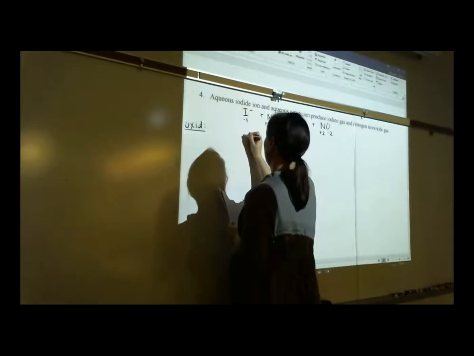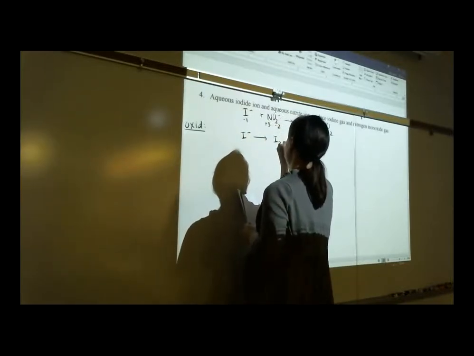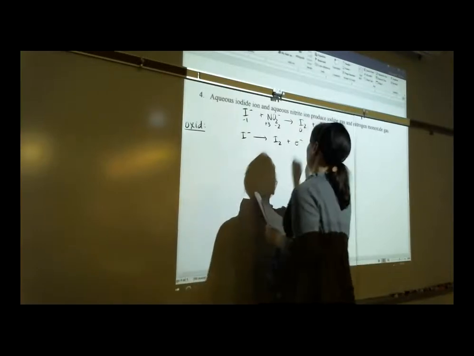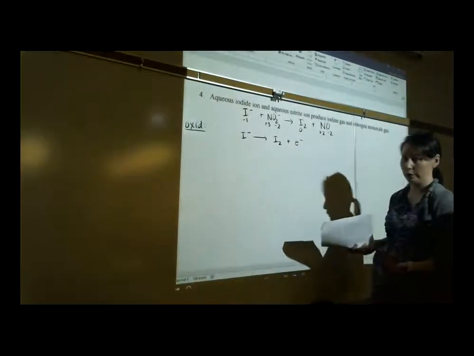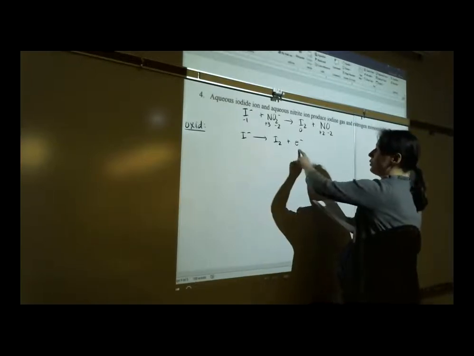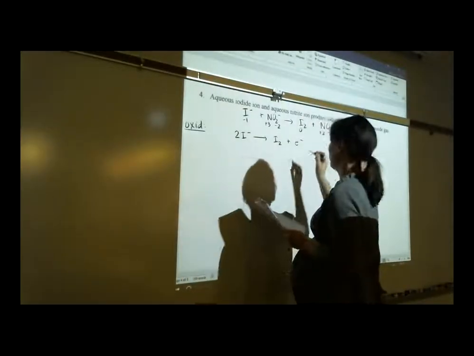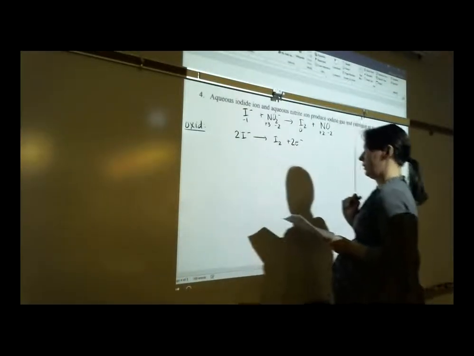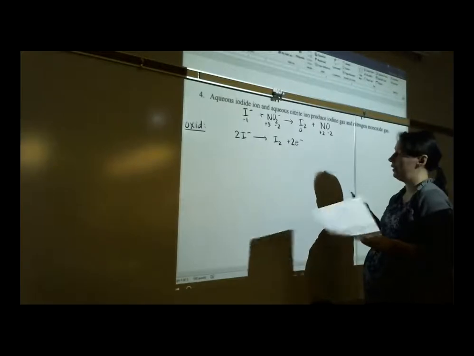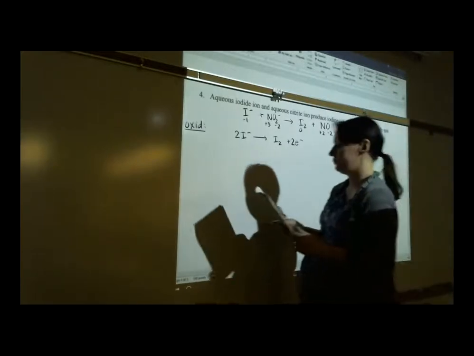So if we say I minus becoming I2, that's what it would look like. However, we're not balanced in terms of number of atoms. If one iodine loses 1 electron, then 2 iodines are going to lose 2 electrons, right? And then there are no oxygens, there are no hydrogens to deal with, so that's an easy half reaction.